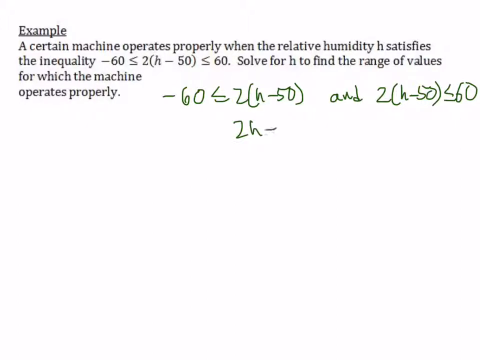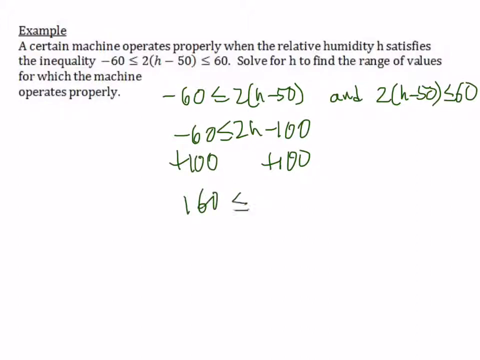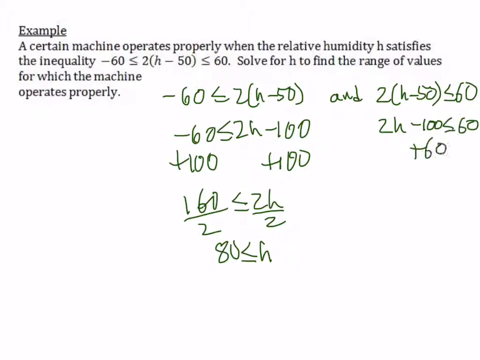Distribute. Let's add 100. We get 160 is less than or equal to 2H. Divide by 2, and so now we know that H has to be greater than or equal to 80. So we know the bottom end. Let's distribute over here. Let's add 60.